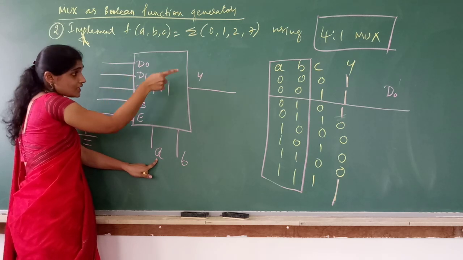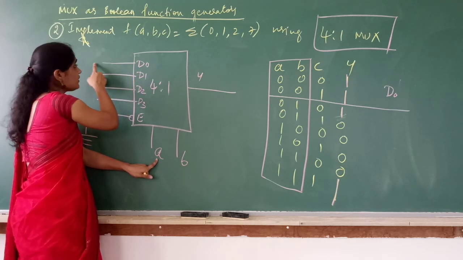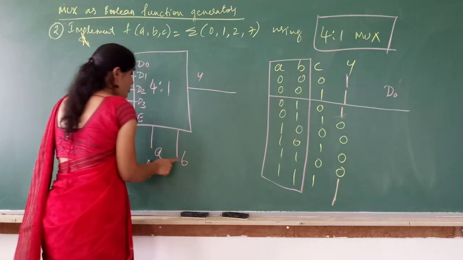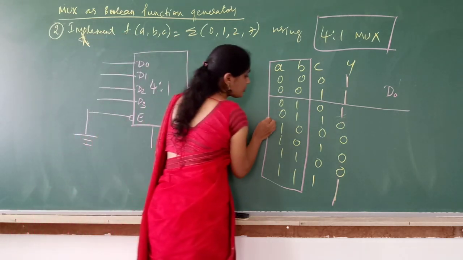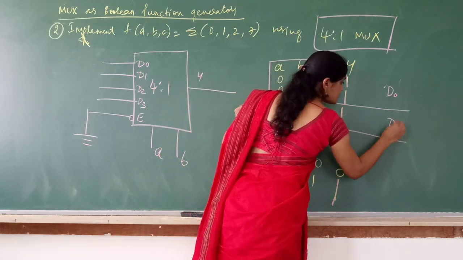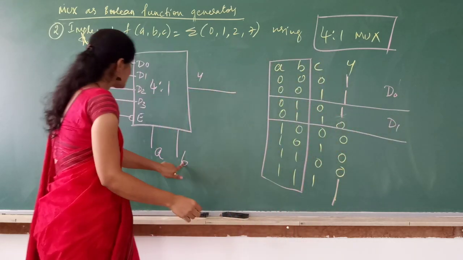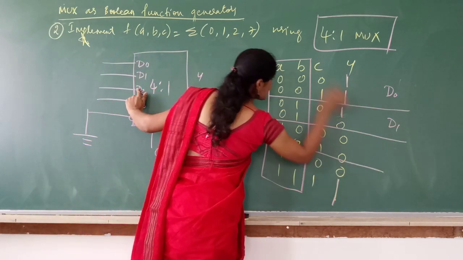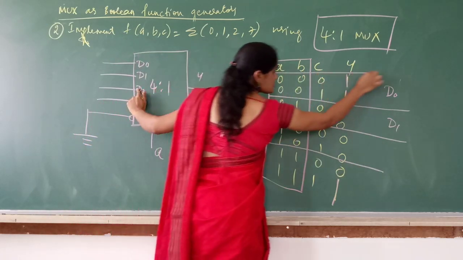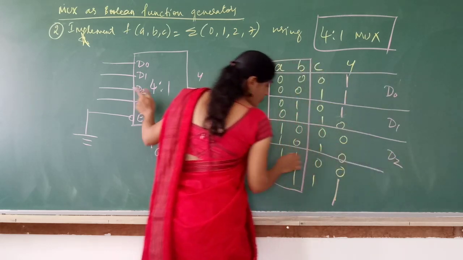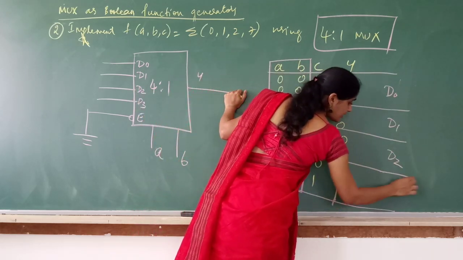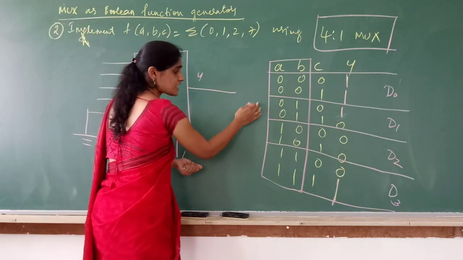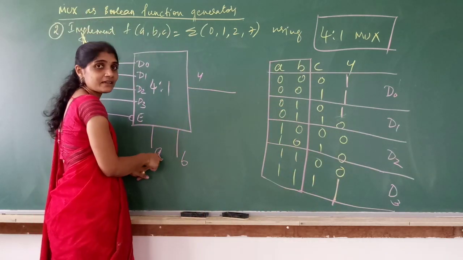I should see the truth table and connect the proper value to D0. We'll do that. When AB is 0, 1, D1 is the output. When AB is 1, 0, D2. 1, 1, D3.